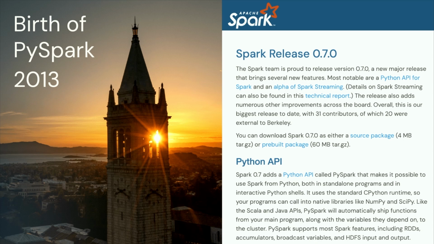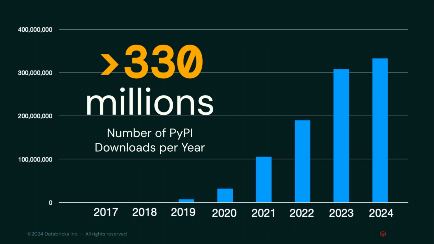Back in 2013, PySpark was born, blending Python's ease of use with Spark's robust data processing capability. This was a game changer for Python developers, especially for big data processing. The number of PySpark downloads speaks for itself. We're seeing over 300 million downloads a year.